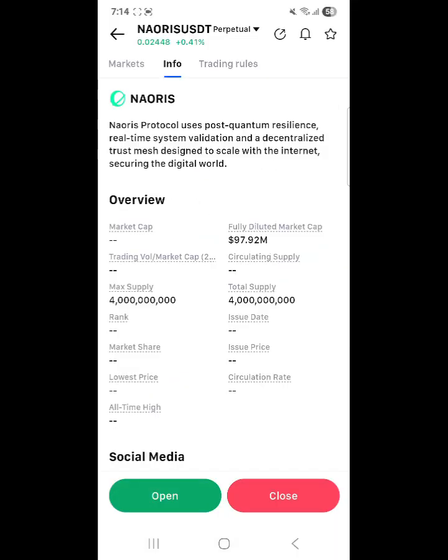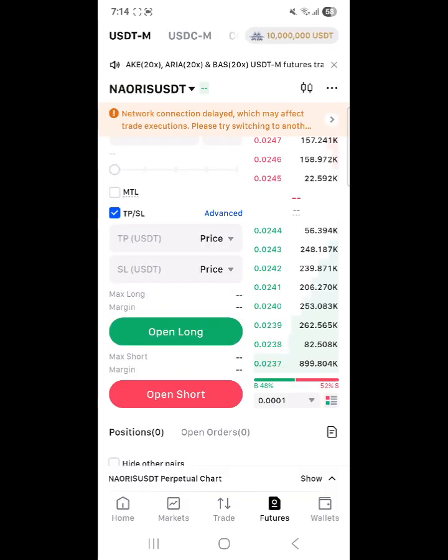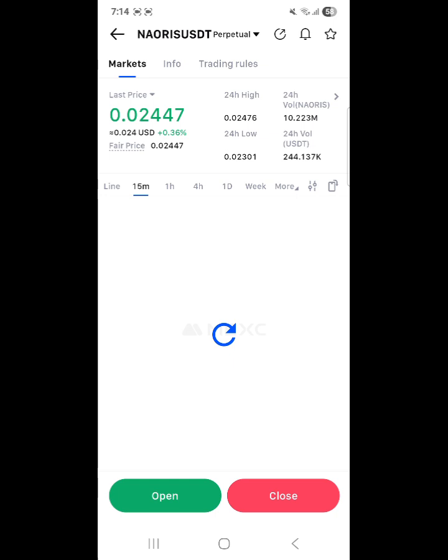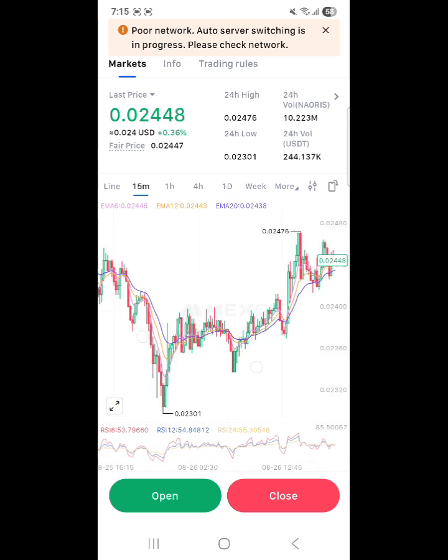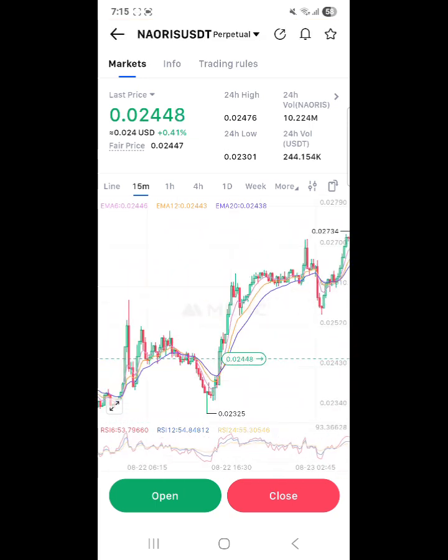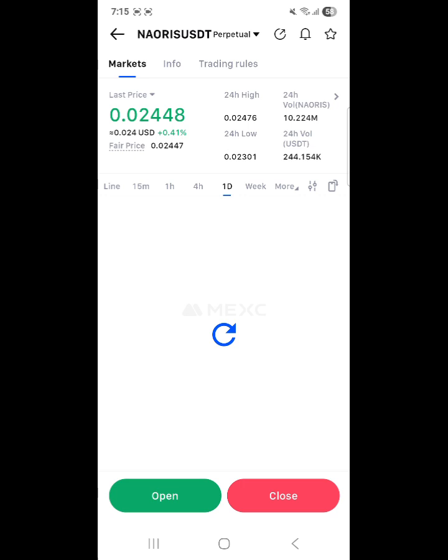Yeah, let's look at this. These guys created an airdrop for the community members. Let me show you how it fell immediately. Okay, so the network is here. Let me go back to the 1 day time frame so that you see something.